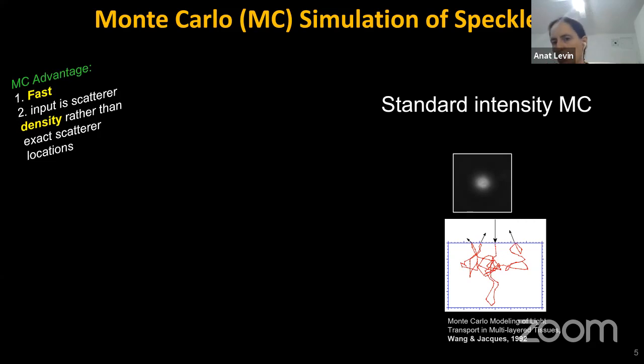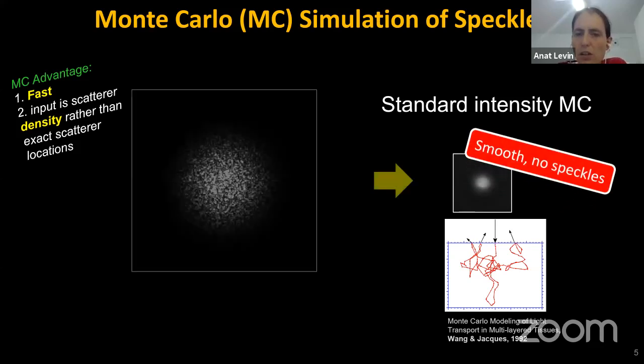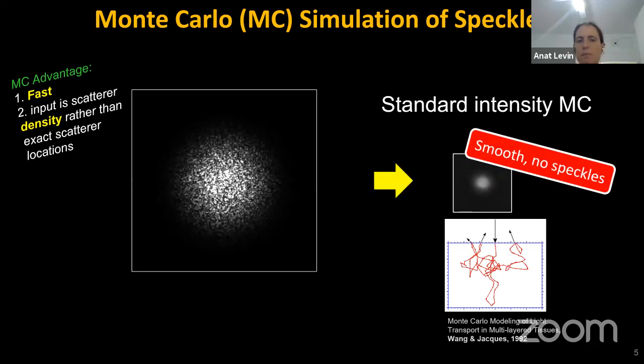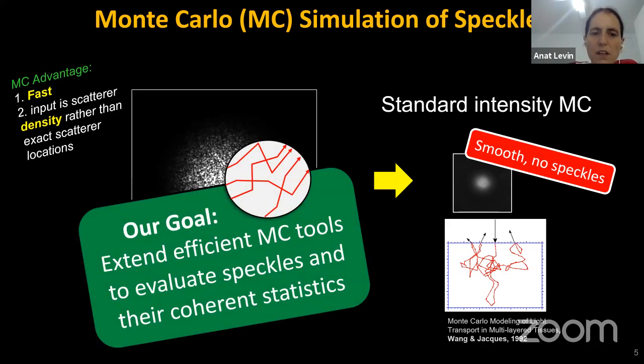You just get smooth images like this one. And you can think of these smooth images as some low resolution version of some high resolution speckle pattern. So our goal in this work is to use ideas from Monte Carlo tools and use them to render speckles and to compute speckle statistics under coherent illumination.